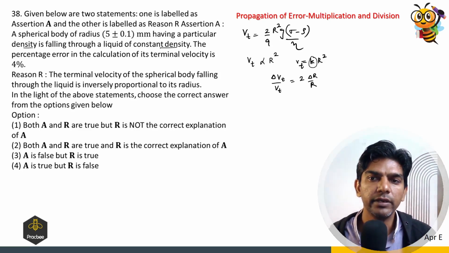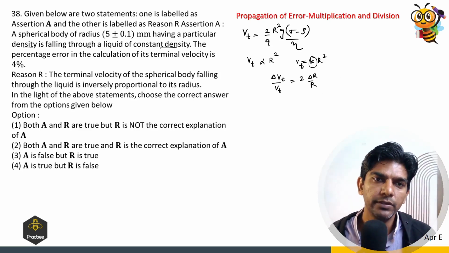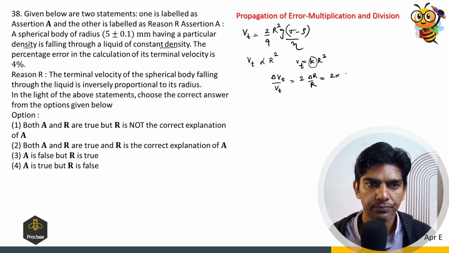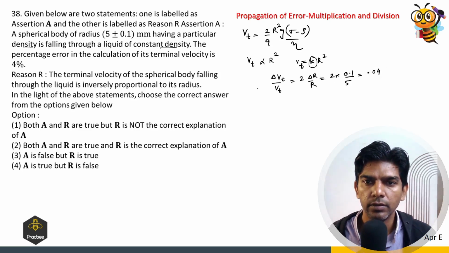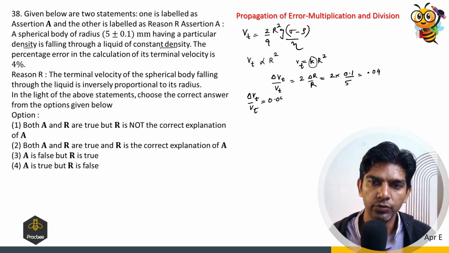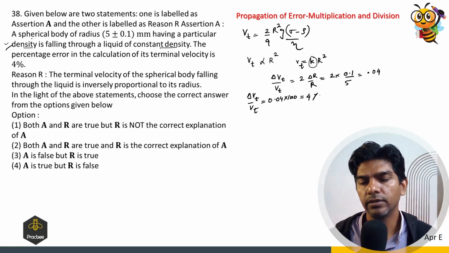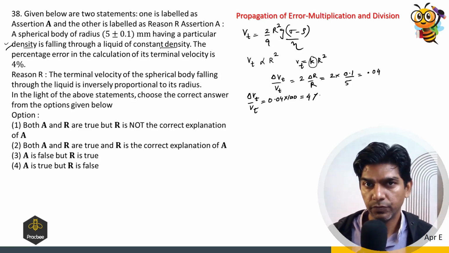Okay, so there is no error in K. So let us find the relative error in the radius. So 2 times 0.1 divided by 5, it will be 0.04. Now the percentage error in terminal velocity will be 0.04 times 100. So that comes out to be 4%. So the assertion is correct. The error in the measurement of terminal velocity will be 4%.